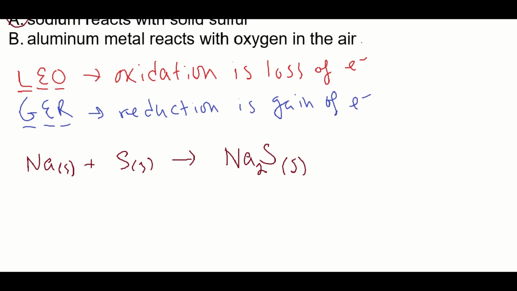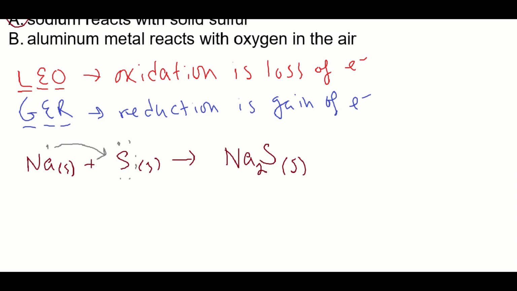So let's take a look at this using Lewis dots. Sodium has 1 valence electron, and sulfur has 6. We're going to need 2 sodiums, each transferring 1 electron to the sulfur, to become this ionic compound.